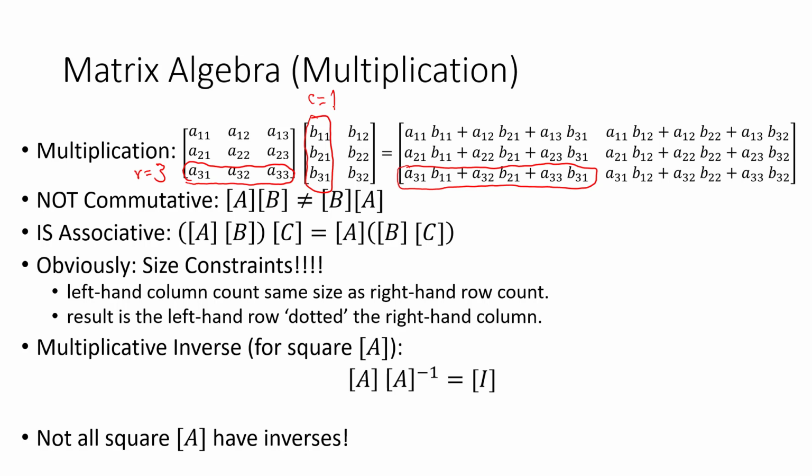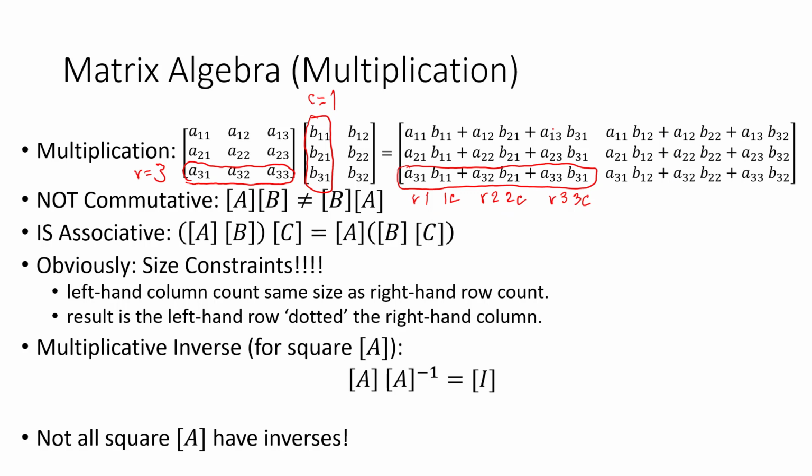And if you notice over here in the dot product, the R is the same throughout, and the C is the same throughout. And what's happening is there's an indexing of the column of A and the row of B. That same type of thing happens for any of the elements.